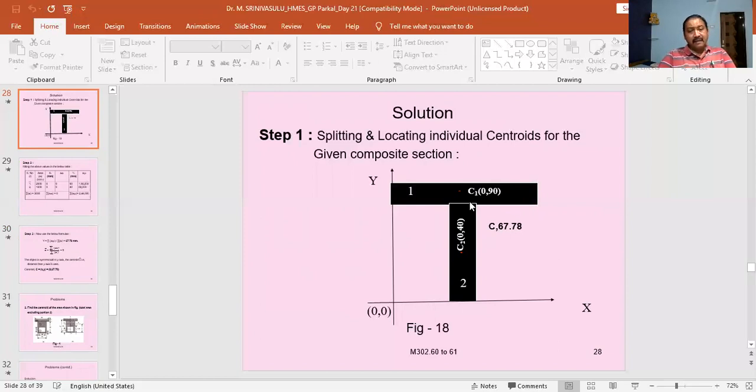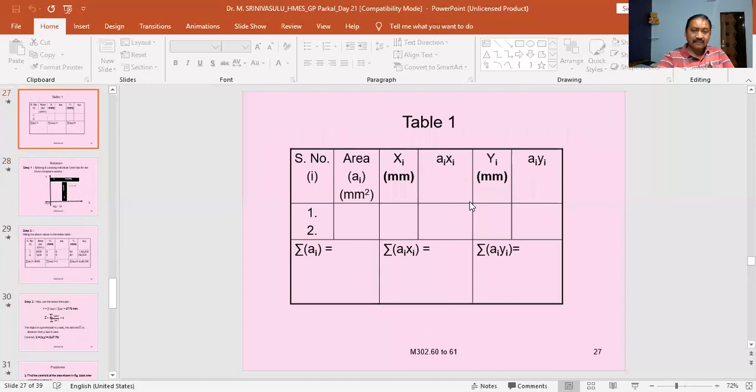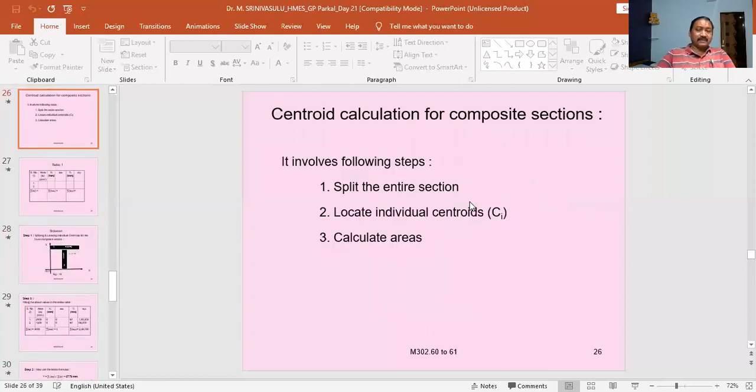So in this way we have to find out the centroid of the given composite section. We have to follow these steps. First of all, we have to split or divide the area into a number of known standard figures. Then find out the individual centroids of the standard figures by formula.